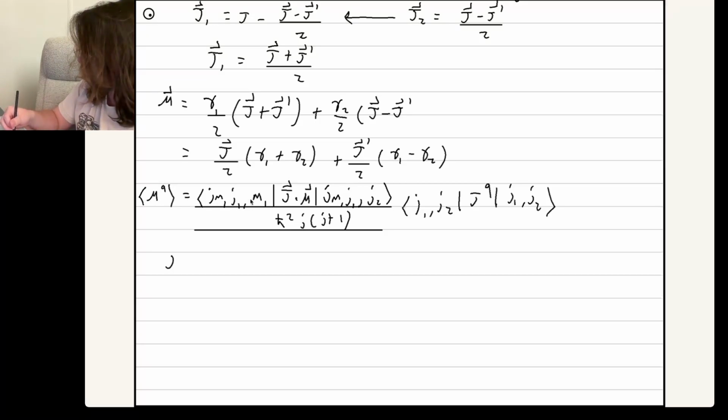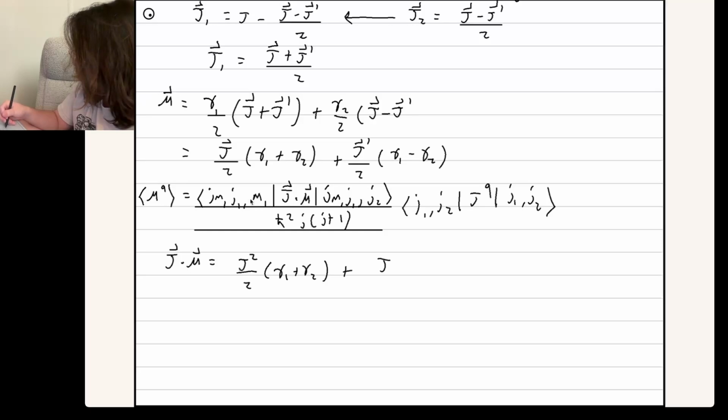So looking at J dot mu now, it's going to be j squared over 2 times gamma 1 plus gamma 2, and then j dot j prime over 2 times gamma 1 minus gamma 2.